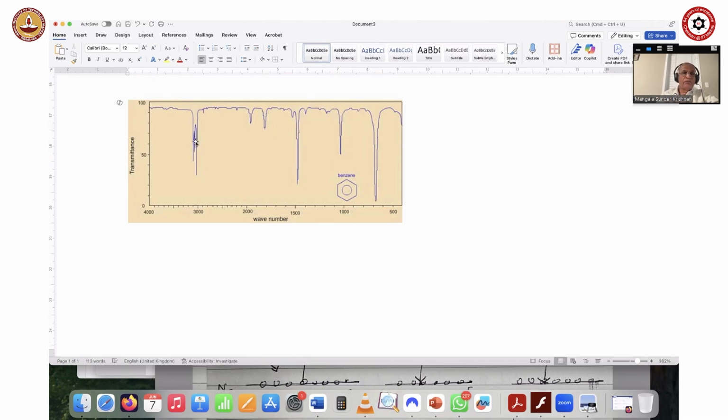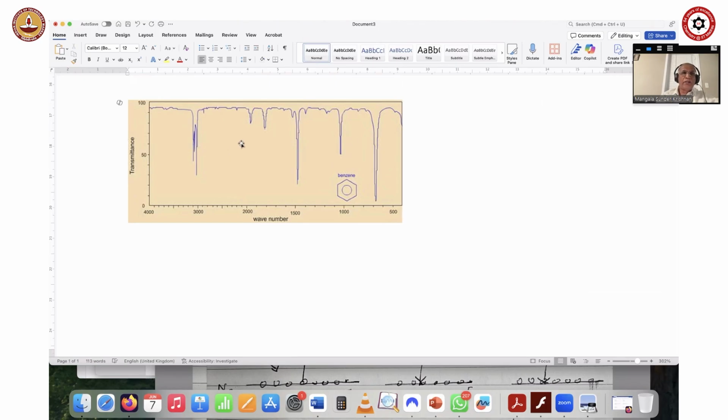So this means that the line intensities, which are due to the number of molecules undergoing transition, are different, which tells you that the population of molecules corresponding to this energy level transition is different from the population of molecules corresponding to this energy level or this one.